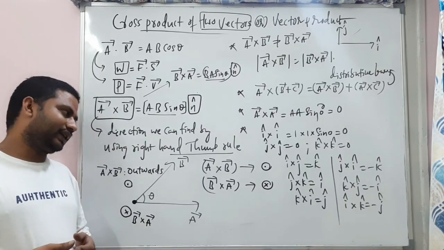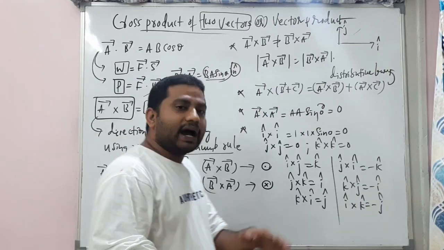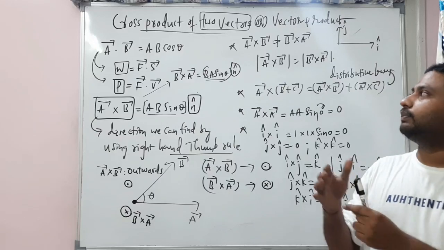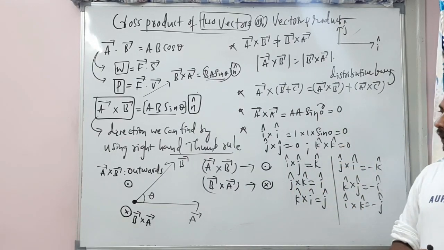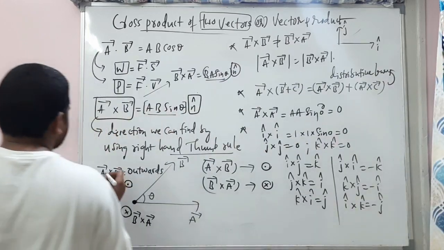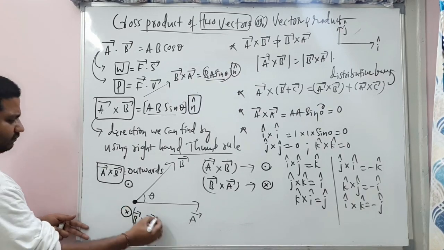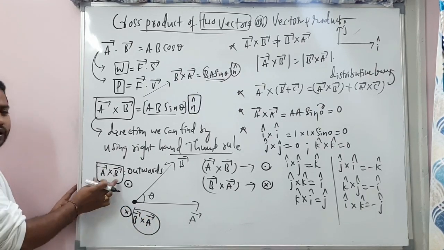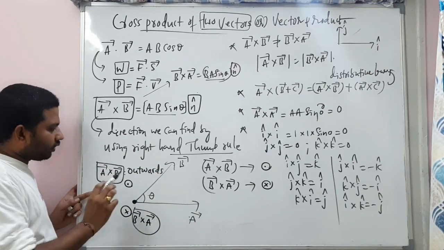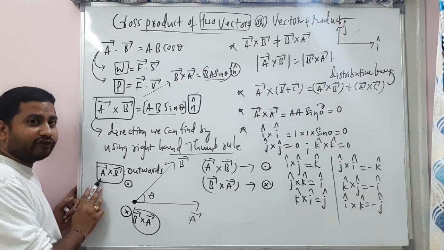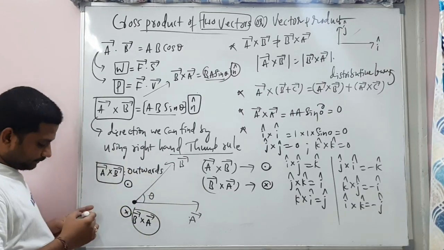One important point I will tell you, students, listen, everybody, it's the most important part. We can say it's the heart of the concept which will be useful for the next topics. The direction of a bar cross b bar, or b bar cross a bar, the vector product of a bar and b bar, is always perpendicular to the plane which contains a bar and b bar.